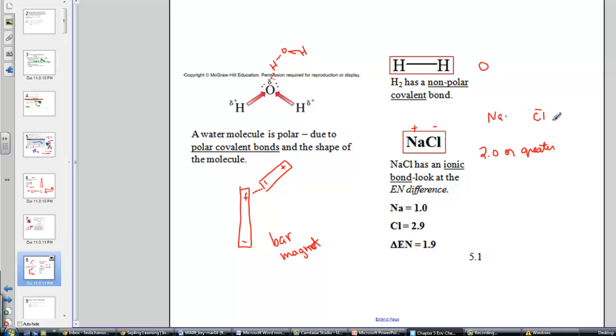In the Lewis dots, there are 7 dots around this chlorine. The metals are losing electrons and the nonmetals gain electrons, forming ions. We'll talk more about that in a future lesson as well.